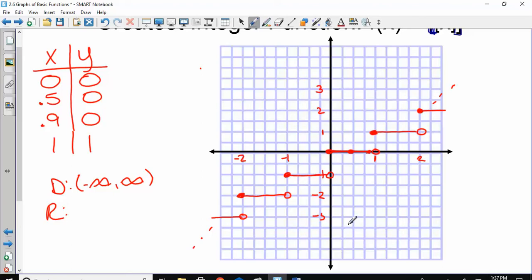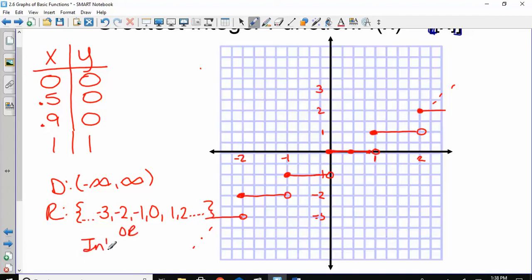I don't hit every single y value, do I? It's like -3, -2, -1, 0, 1, 2, 3. So there's different ways to write your range. Since it's not a constant, you could put dots to show there were points before this and start listing some. And then dots to show it keeps going.